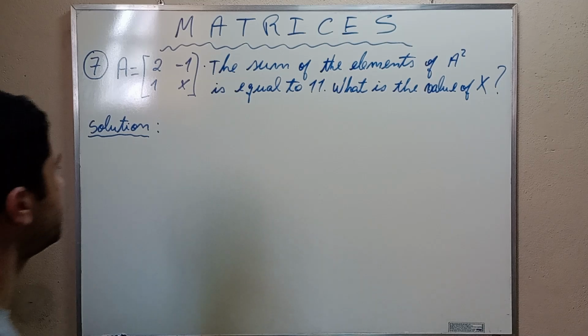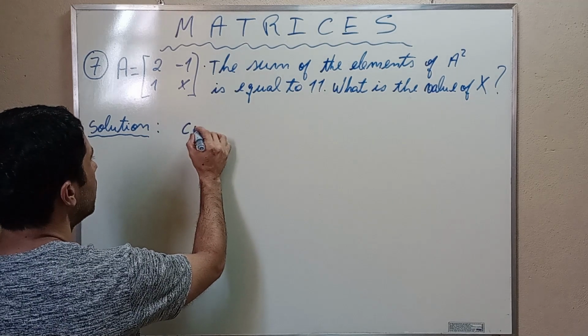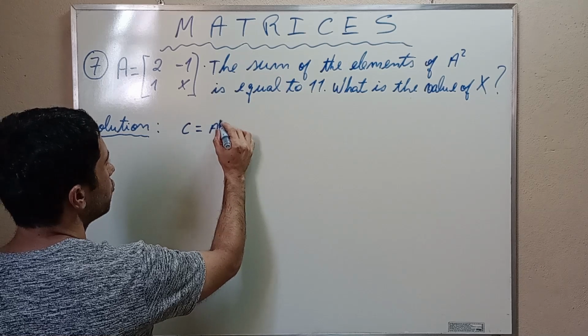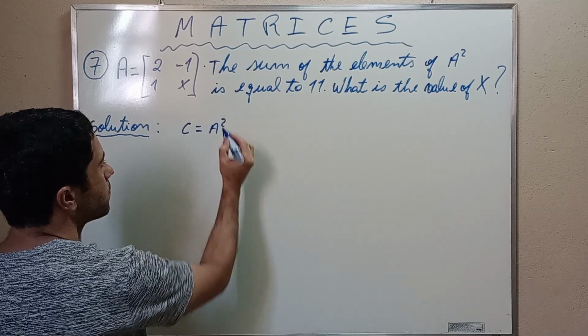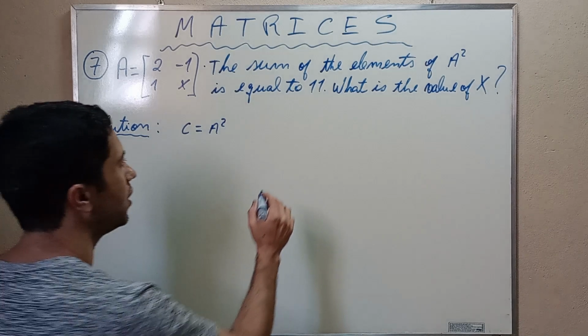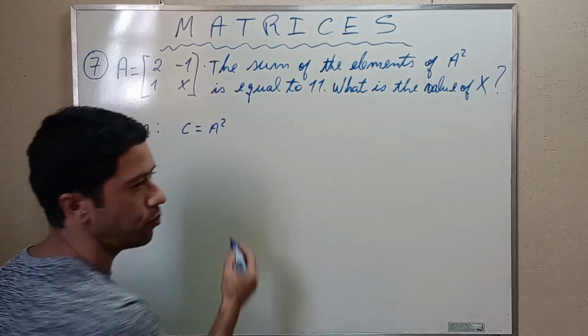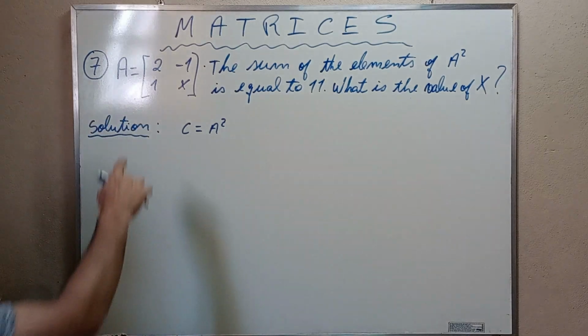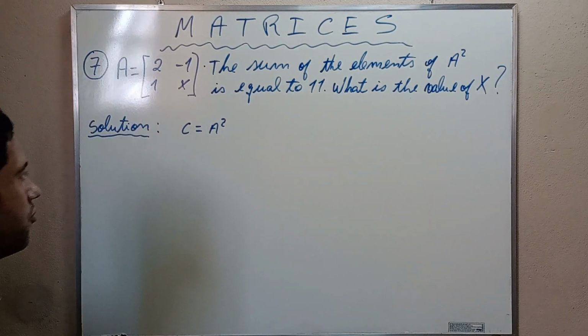Let's call C equal to A squared, okay? C is equal to A squared. C is going to be a 2 by 2 matrix as well because A is a 2 by 2 matrix.